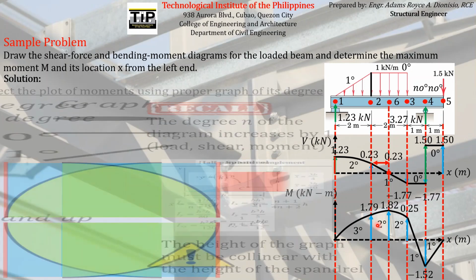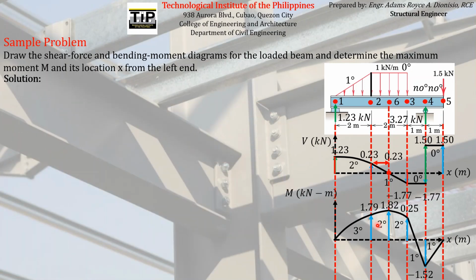The last step in drawing the bending moment diagram is the same as the last step in drawing the shear force diagram, which is to locate the zero bending moment, because if you can see, there is this point which has a zero bending moment. So how can we find that particular location?